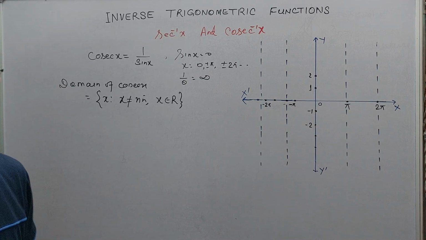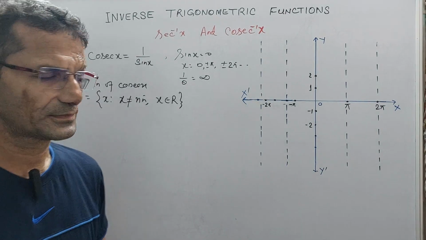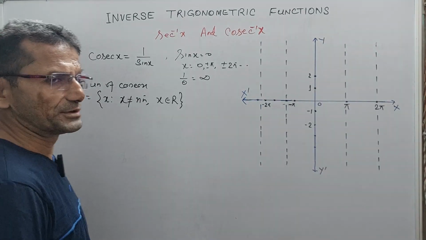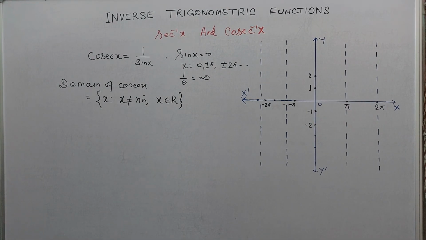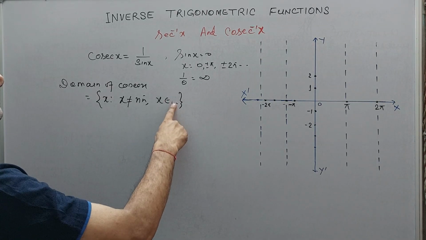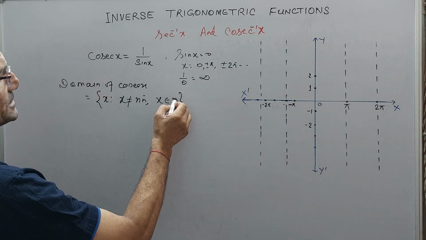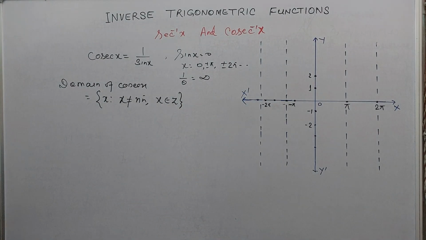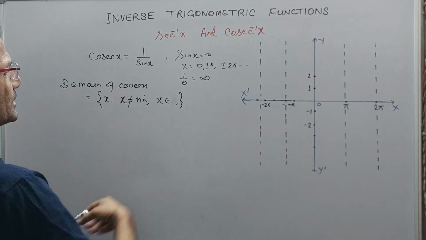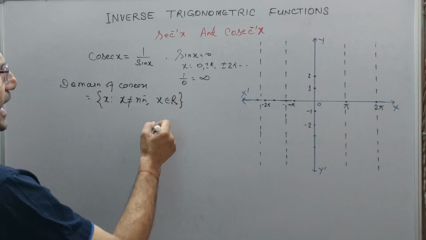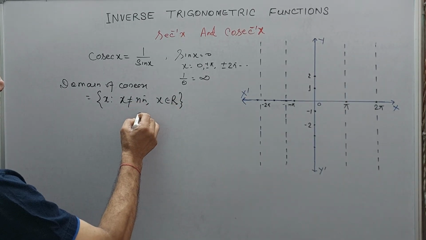Now next we have to find out the range. What will be the range of the cosec x? Here x is a real number, and n will be the set of integers.